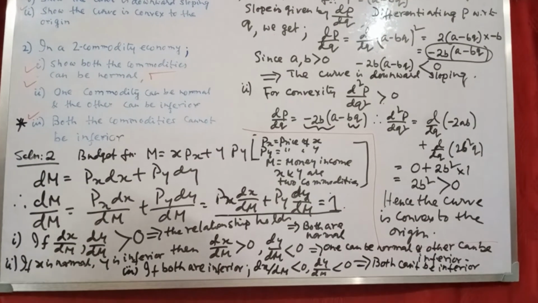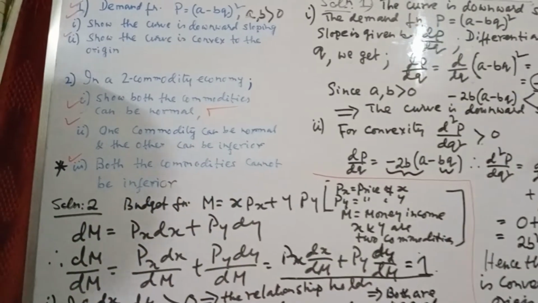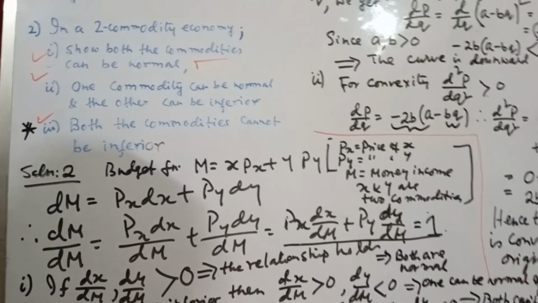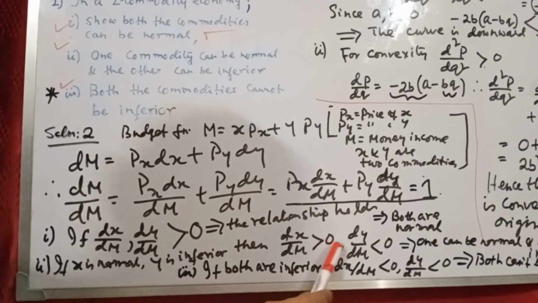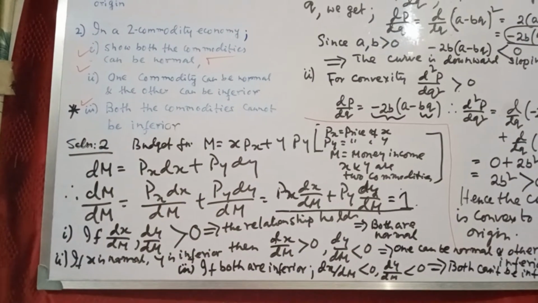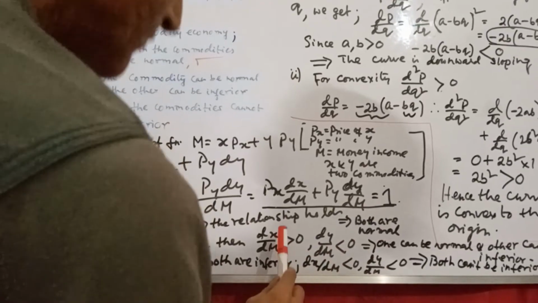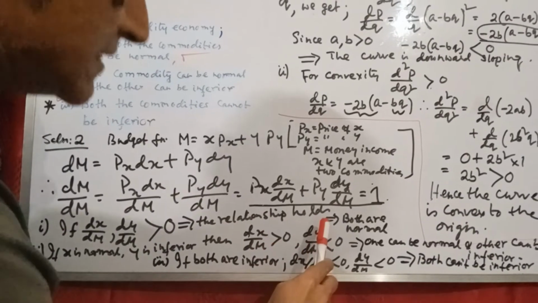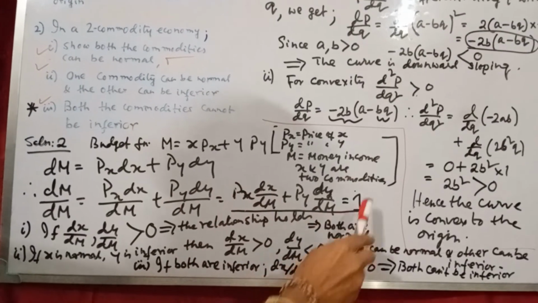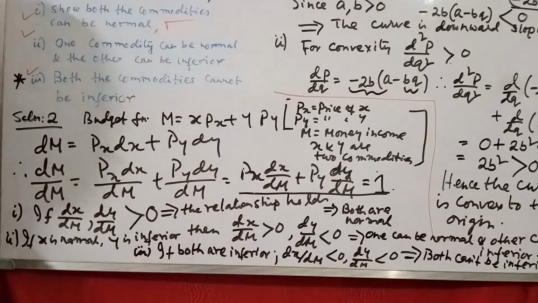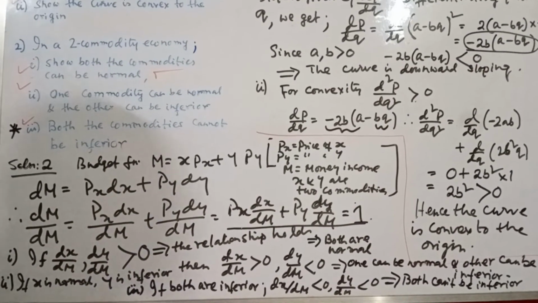Come to number 2. One commodity can be normal and the other can be inferior. Suppose x is normal, y is inferior. Then dx/dm is greater than 0 and dy/dm is less than 0. Then still this relationship holds good. That means this is possible, that x is normal and y is inferior.